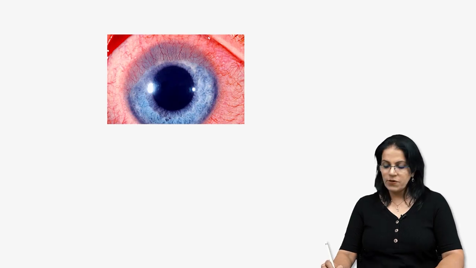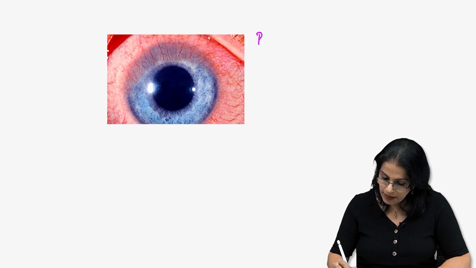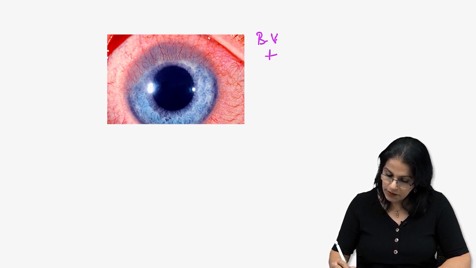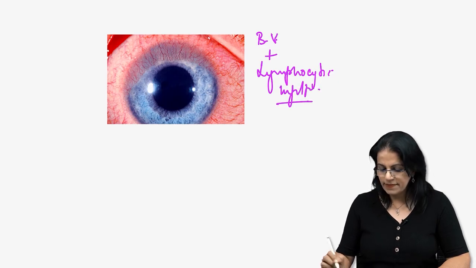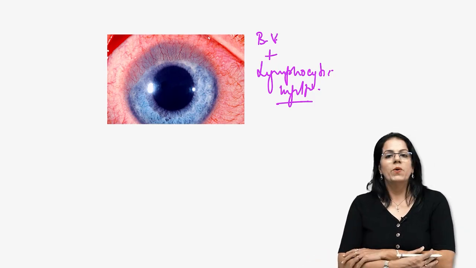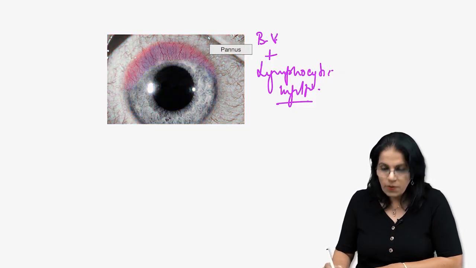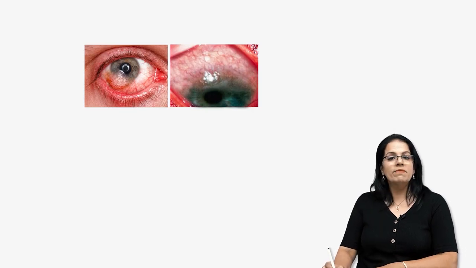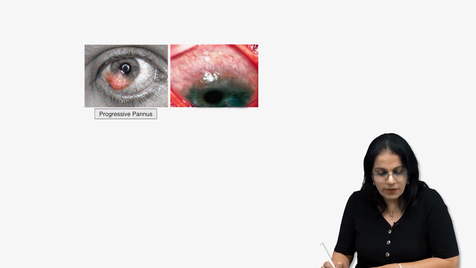So here you are looking at pannus. What is pannus? It is mainly neovascularization, but along with the blood vessels, we will remember there is also lymphocytic infiltration or proliferation. Now, what is progressive and regressive pannus? When the lymphocytic infiltration is seen at the head, it is called progressive.